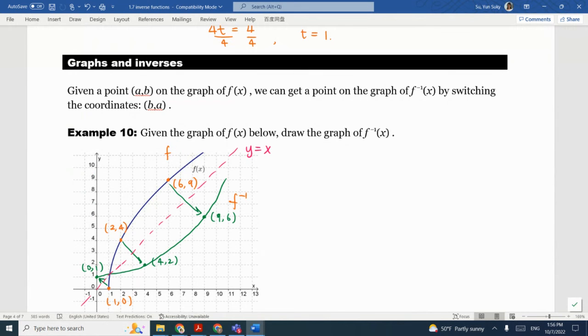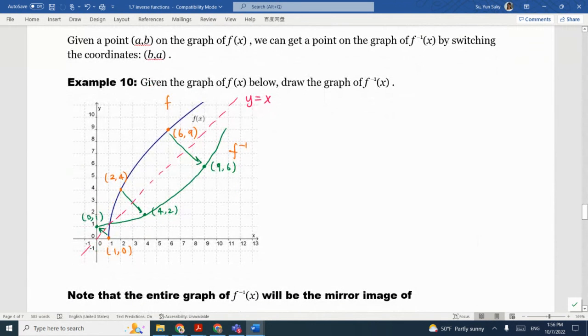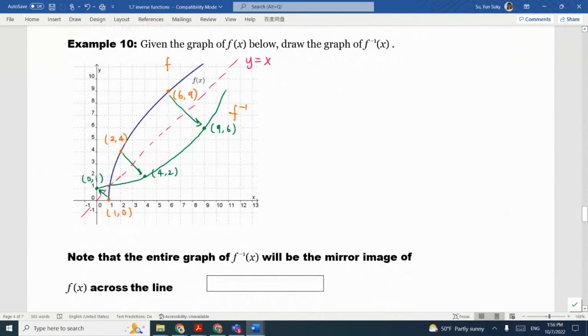They are mirror images across the line y equals x. So notice that the entire graph of the inverse function will be the mirror image of f of x across the line y equals x. And this is so important. In chapter 4, we talk about the exponential function and the logarithm function. Their graphs, as inverse functions, are mirror images across the line y equals x.